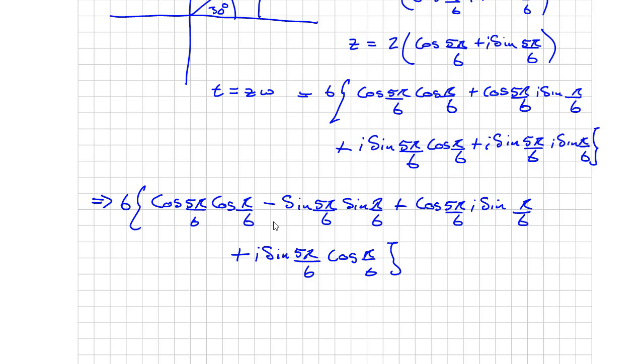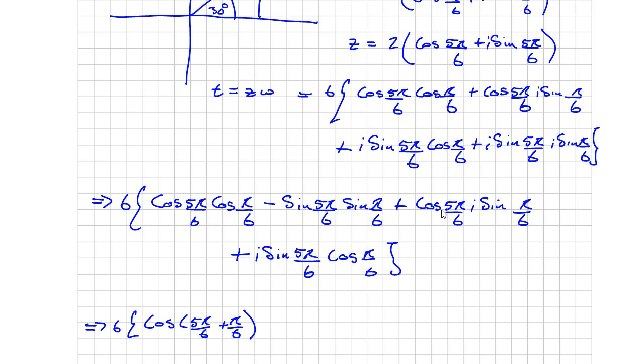Okay, if you look in your mathematical tables, for cosine A cosine B minus sine A sine B, you will see there is a formula. And that formula is that this is equal to cosine A plus B. So we have the cosine of 5 pi over 6 plus pi over 6.